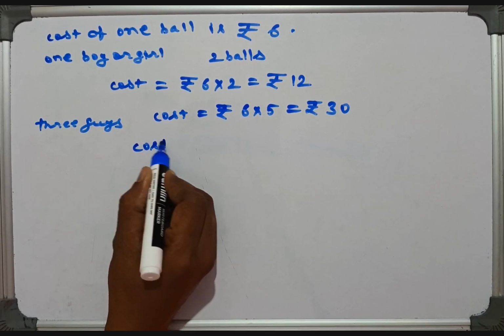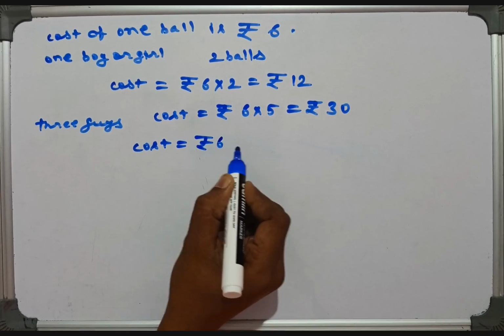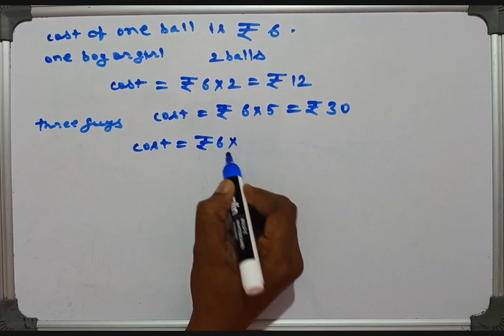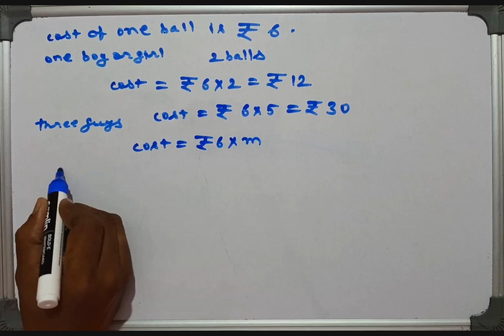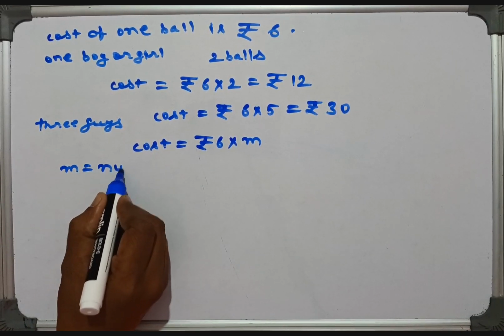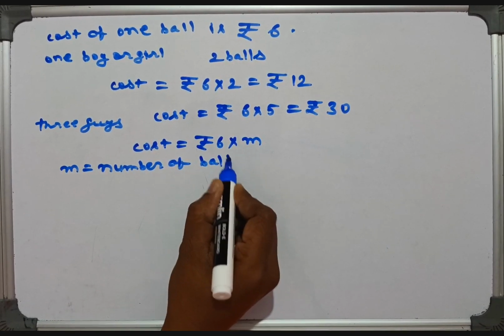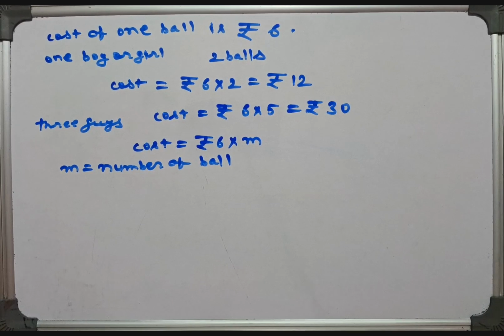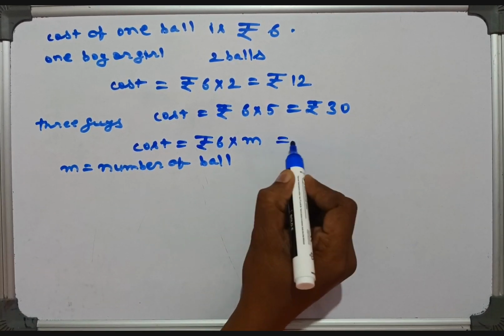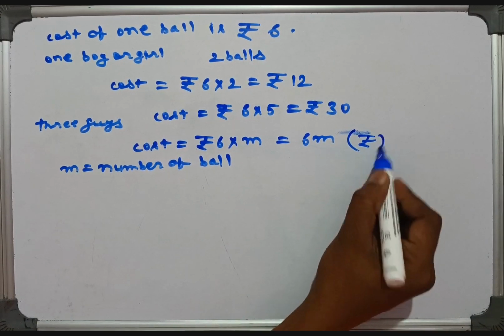If the cost of one ball is 6 rupees, and we write m to denote the number of balls, then we can formulate it as 6m rupees.